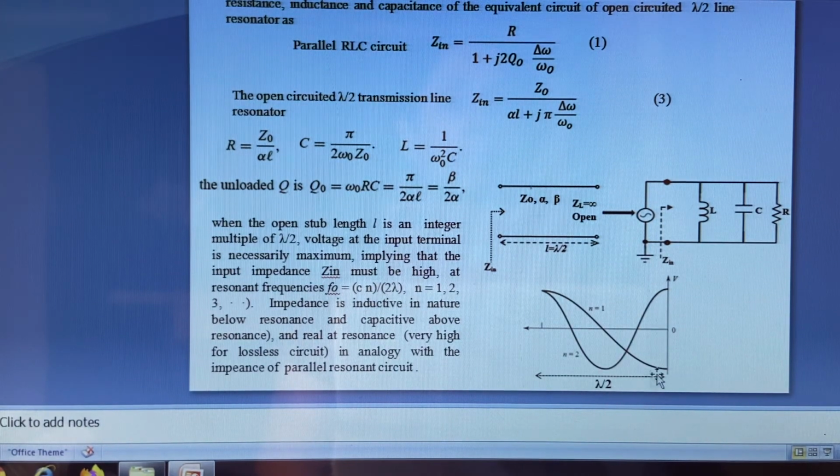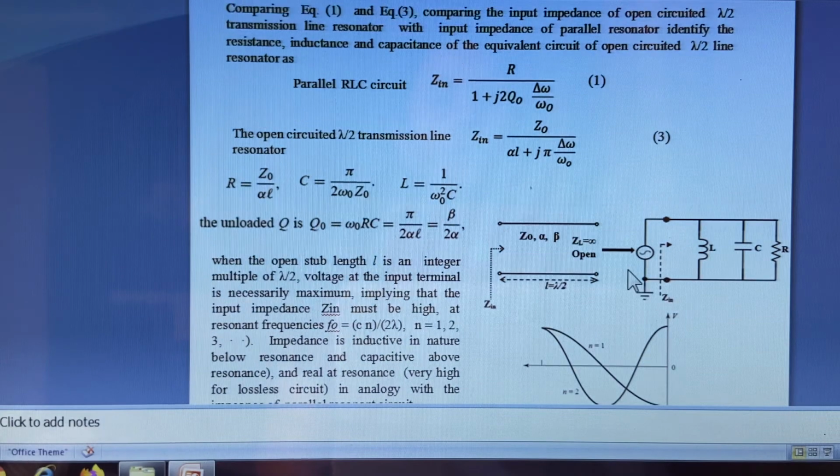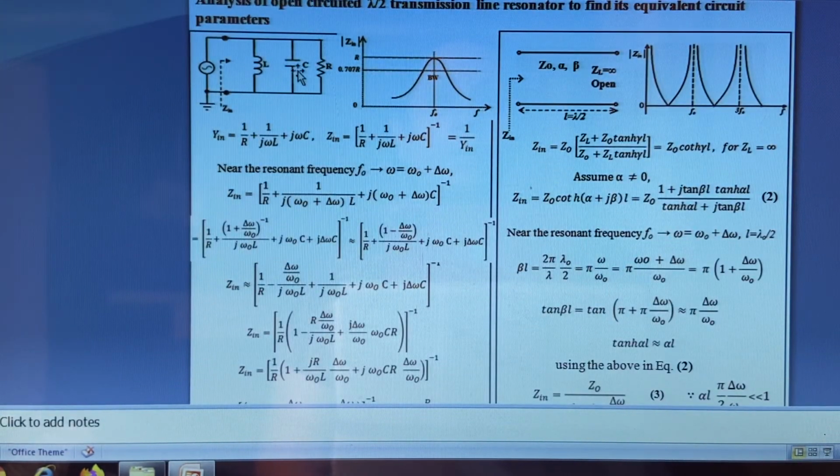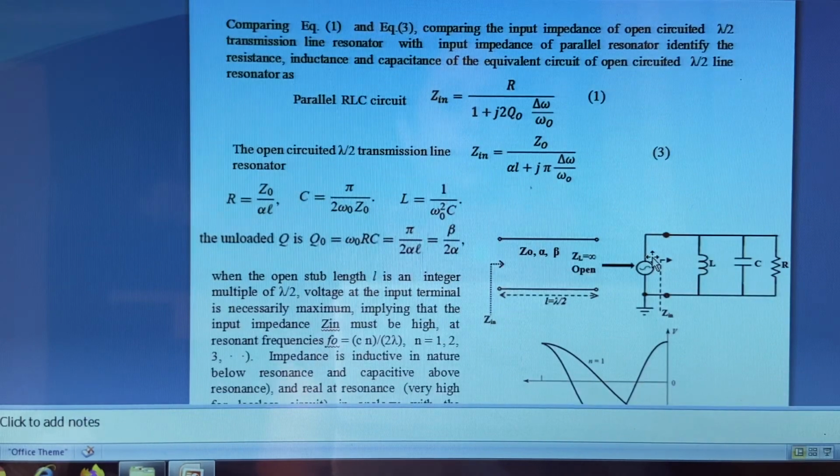For n equal to 1, this is the distribution of the voltage over the length of the lambda by 2 line. So we can obtain the equivalent circuit parameters of this lambda by 2 line by comparing the input impedance of the parallel RLC circuit and the input impedance of the lambda by 2 open circuited line. We can get the parameters of the equivalent circuit.